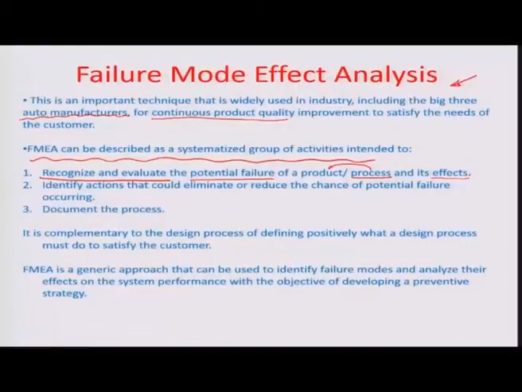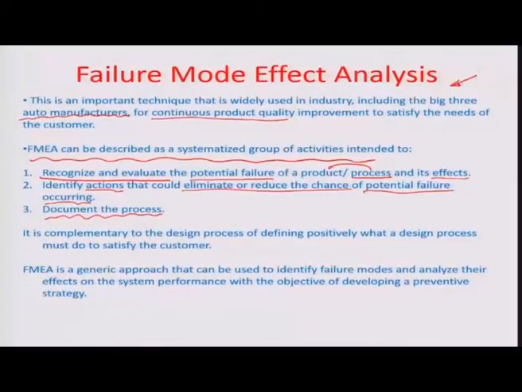Then we can identify as a process of the FMEA some actions or countermeasures that could eliminate or reduce the chances of such potential failure modes to happen, so that you can have quality improvement within the product design and also product manufacture. And then finally you document the process in a proper manner, so that references can be made in the future.